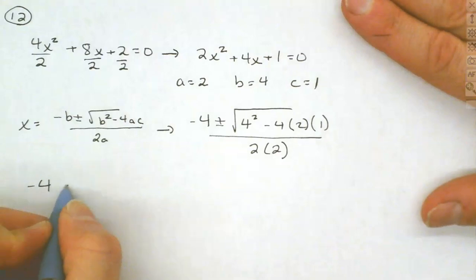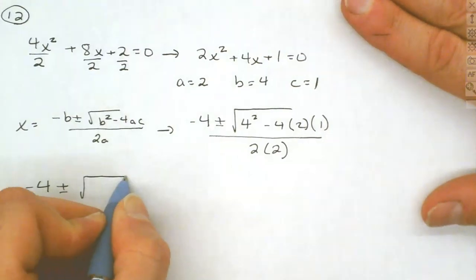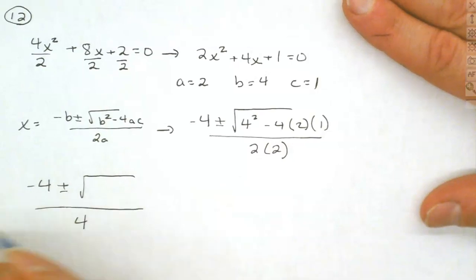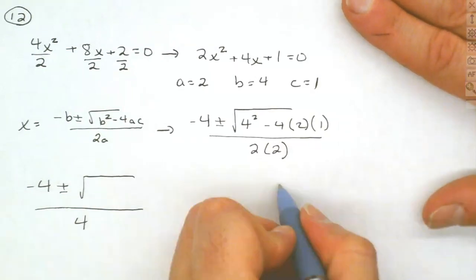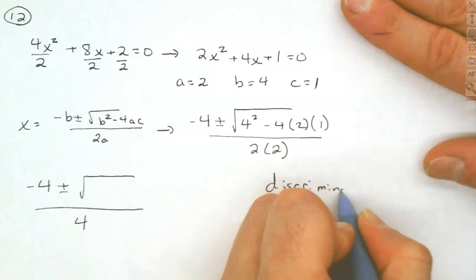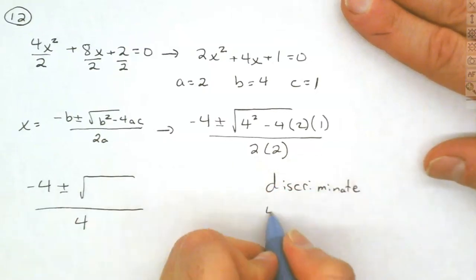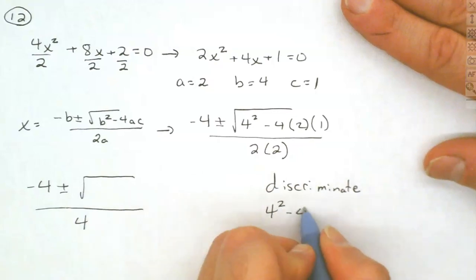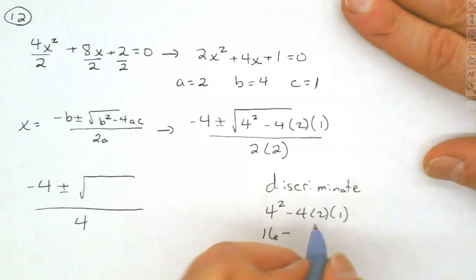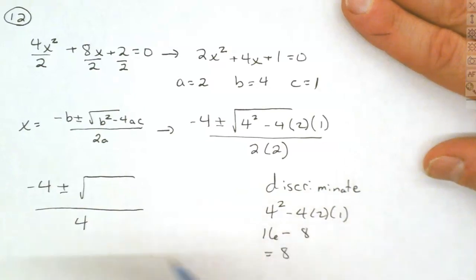So minus 4 plus or minus goes there. 2 times 2, that makes it a 4 down below. What's your discriminant? All right, the discriminant is 4 squared minus 4 times 2 times 1. So that's 16 minus 8, which is then an 8.